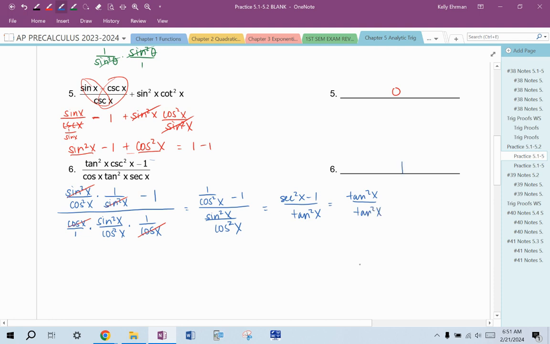So I get 1 in the end. Or I could have down here said multiply by cosine squared over cosine squared. If you do that, you get 1 minus cosine squared over sine squared. 1 minus cosine squared is sine squared. So you get there slightly differently. Same idea, but slightly different expressions.